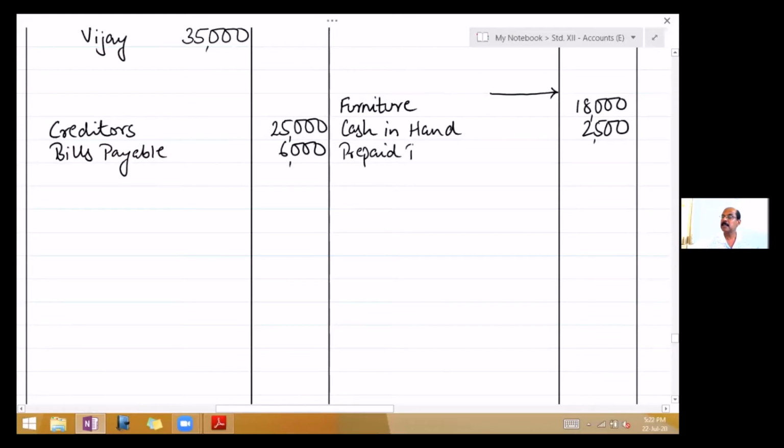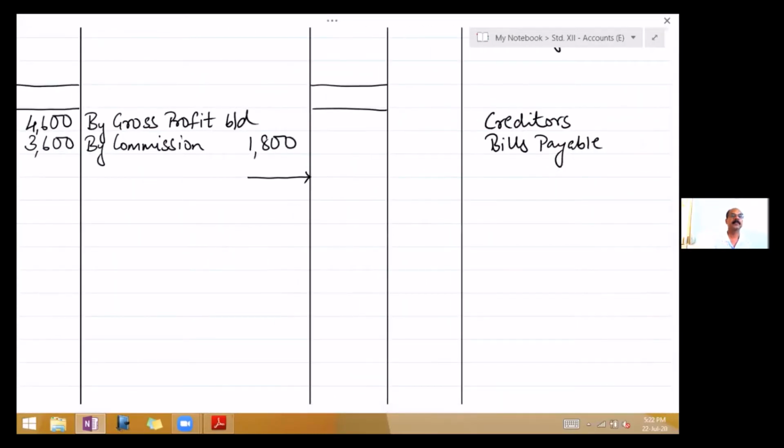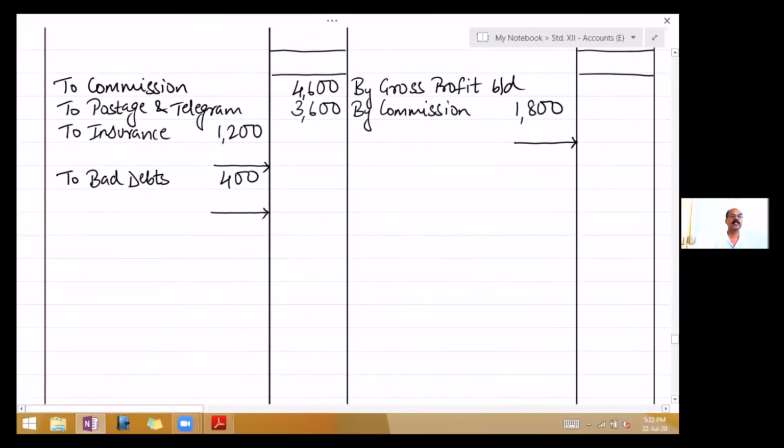The amount is 7,000. And last, salaries 10,500. Profit and loss account debit side, salaries 10,500. No adjustment, write in the outer column.